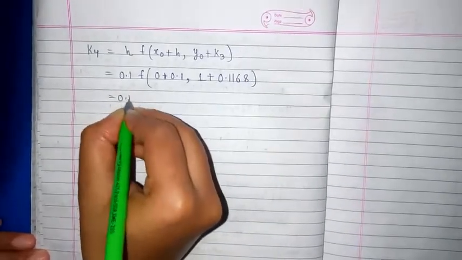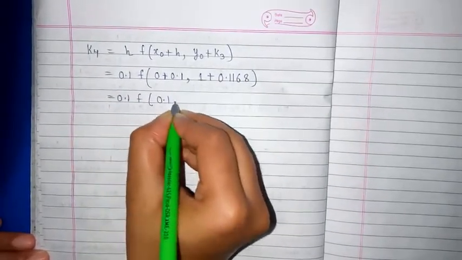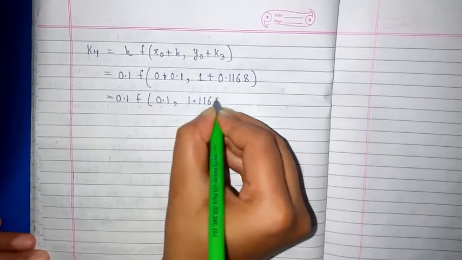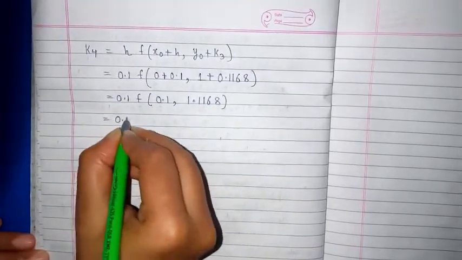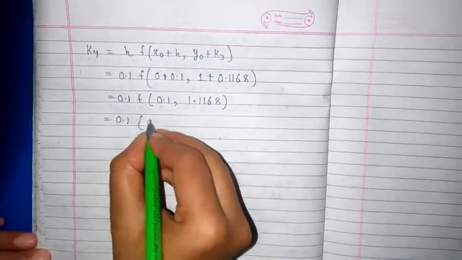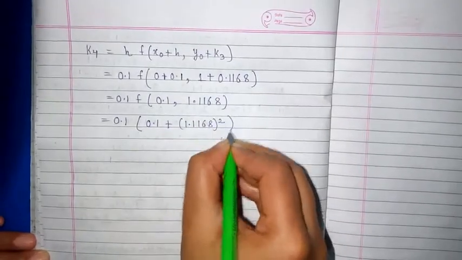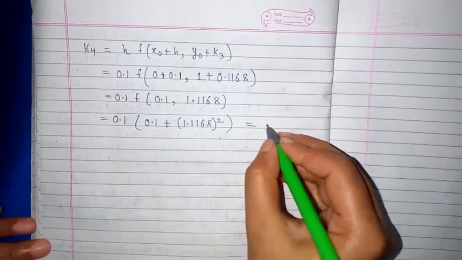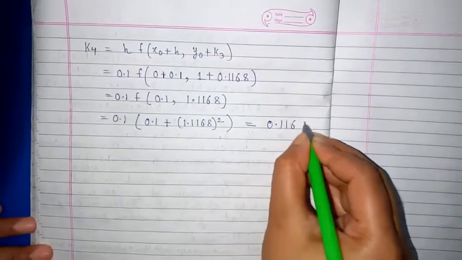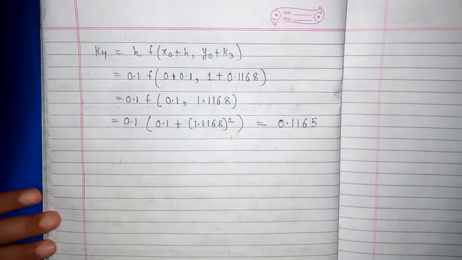Now it's 0.1 f(0.1, 1.1168). Now its calculation is 0.1 plus 1.1168 whole square, and if you do the calculation you will get the value 0.1165. So we have got the value of k4.